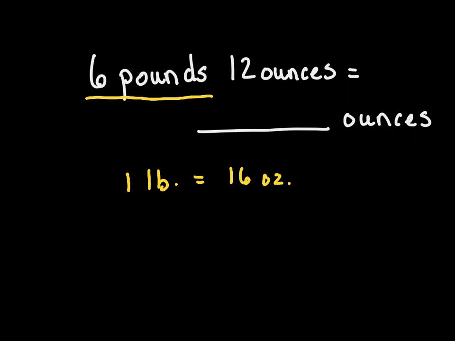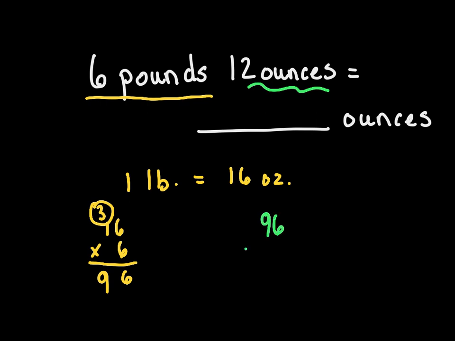So we solve that using multiplication. 16 times 6: 36, carry the 3. 1 times 6 is 6, plus that 3 is 9. So we have 96 ounces, but don't forget that we need to add on the 12 ounces. So we have 96 plus the 12 extra ounces is 108 ounces. So that's our answer.